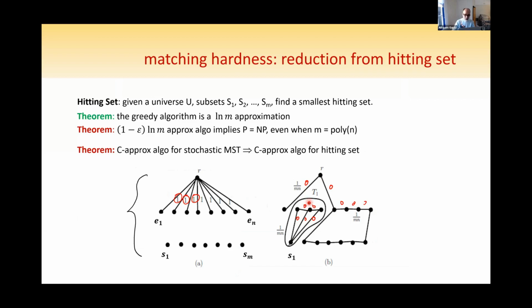I should have bought a bridge connecting the elements in S1 to the root. So I should buy a bridge connecting this island to the root, but this is just one set, and there are many such sets that are possible. So I should buy a bridge connecting every set to the root. That's a hitting set. So on day one, the best thing to do is to buy a hitting set. Does that help, Jose?